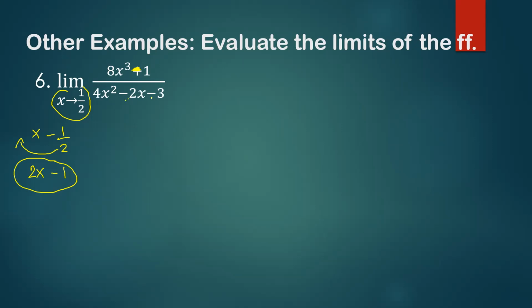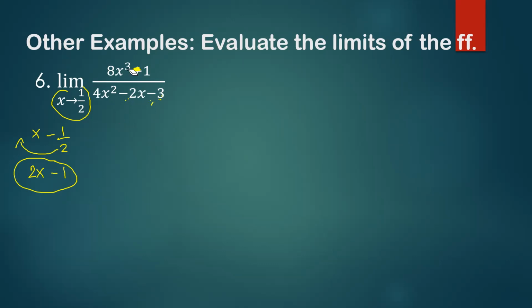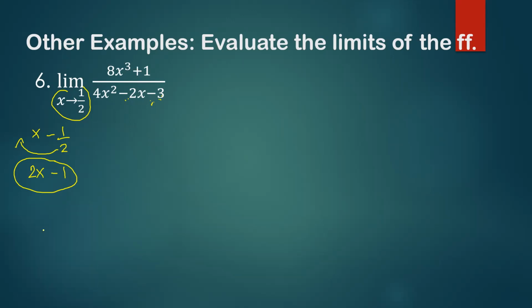This is 2x minus 3. 2x minus negative 3, no? So, negative 3, positive 1. I think there's a correction lang with the, what do we call this? The 1/2. It should be negative 1/2 rather. Sorry for that. It should have been negative 1/2.